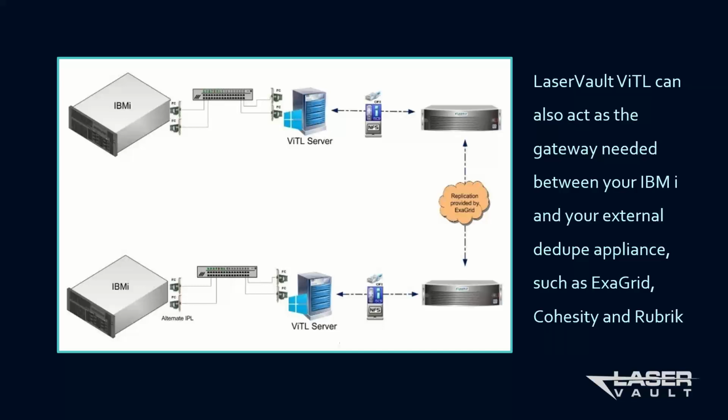So if you wanted to leverage that storage for your IBM i backups, that's certainly a possibility with a gateway solution, meaning that you don't have to write data directly to a VTL server's disk storage. Instead, that can be a gateway solution where we write the data directly to the storage.